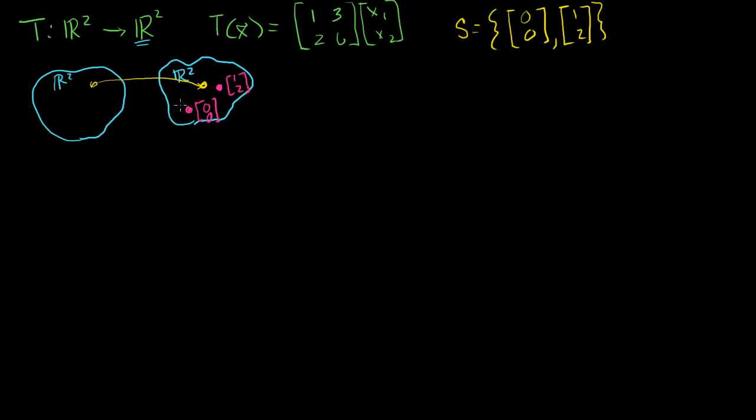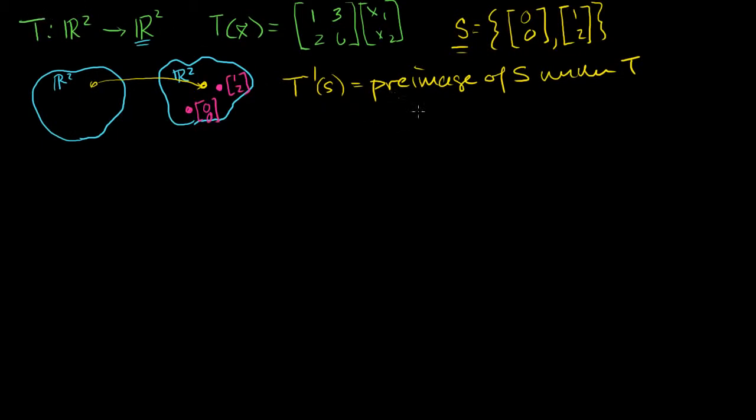What I want to know is what are all of the vectors in my domain whose transformations map to this subset, who map to this point. So I want to know the preimage of S. Let me be careful: this is the preimage of S under T. When you just say preimage without saying under what, it implies you're taking the image of an entire transformation, like I showed you a couple of videos ago.